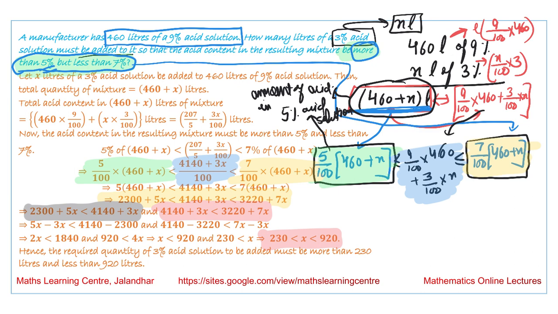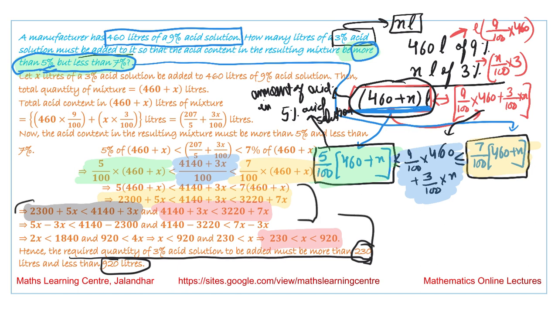So the required quantity of 3% acid solution to be added must be more than 230 and less than 920 liters. You can look at these calculations and try to solve them. The basic idea behind this question is that we have to form the inequation in this way.